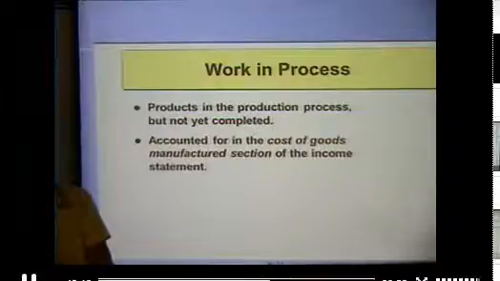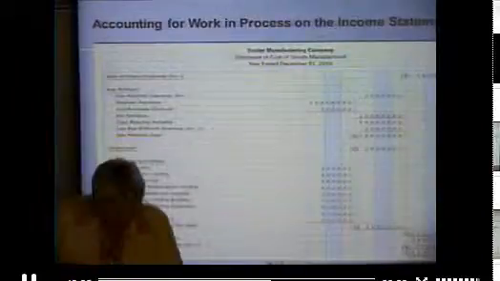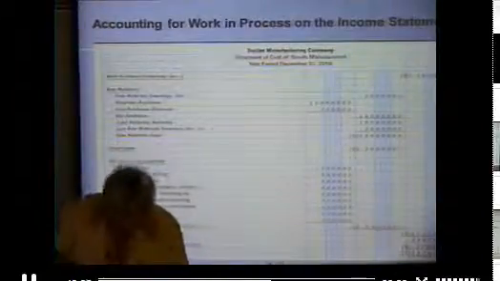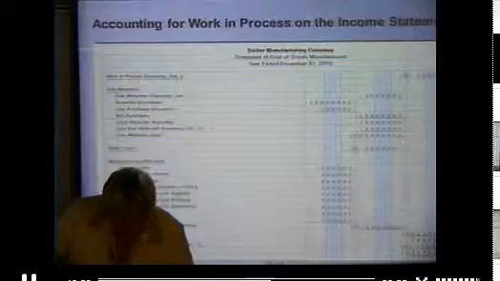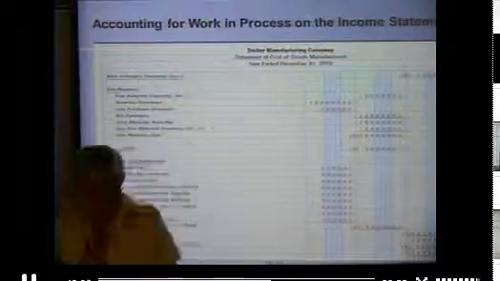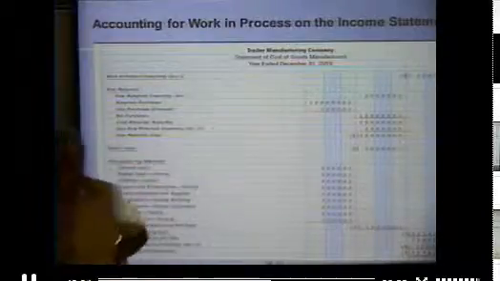It's going to include work in process in that income statement. So let's look at it. And the income statement is at the bottom of page 905. Okay, so on the statement of cost of goods manufactured, income statement, not the income statement.